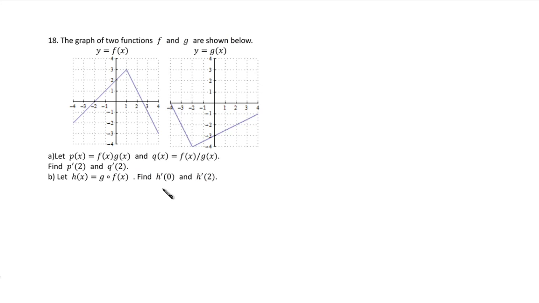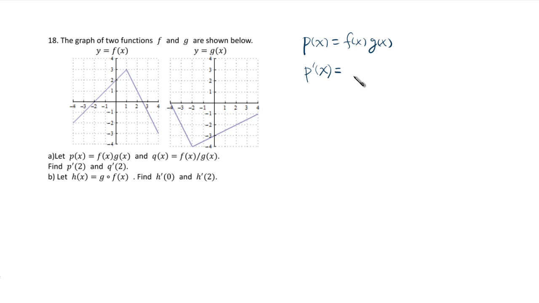Okay, the graph of two functions are given, and this time you have to find p prime, q prime, h prime. So p of x is given as f of x times g of x, and then you're being asked about p prime of 2, and what you need to do is you first have to differentiate, right?